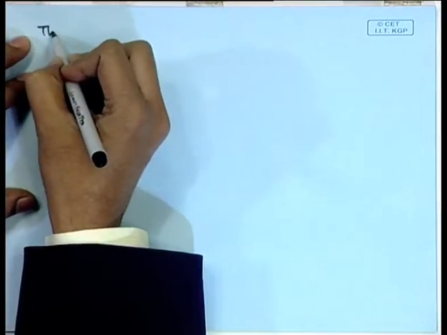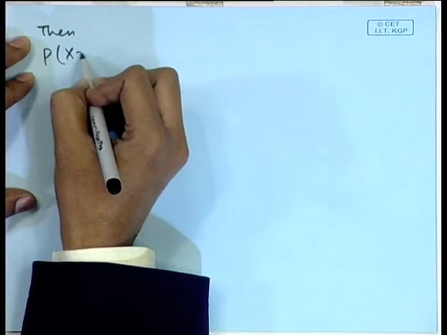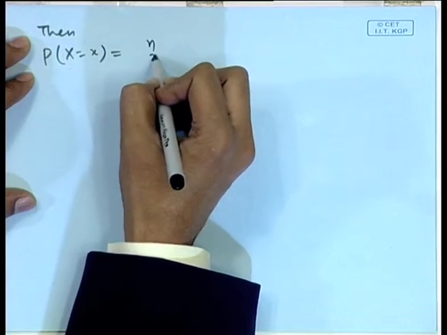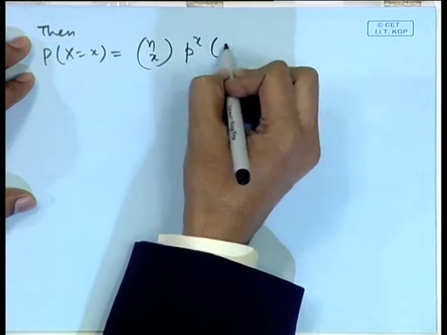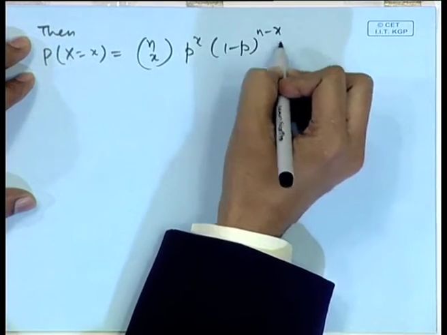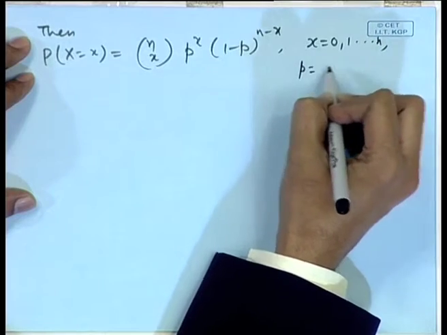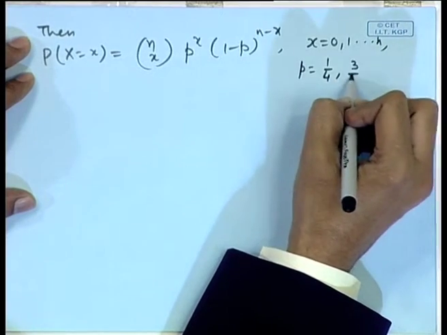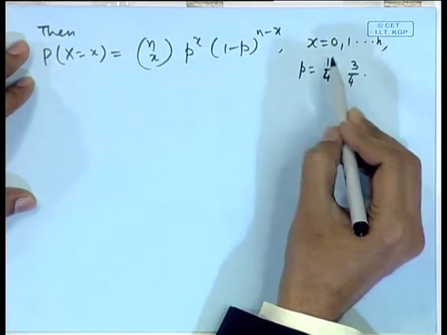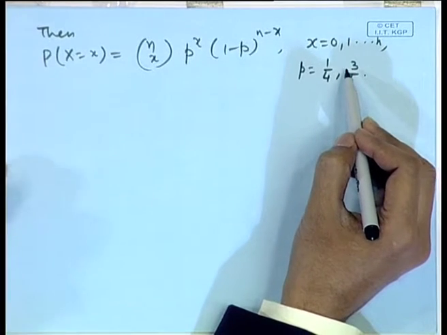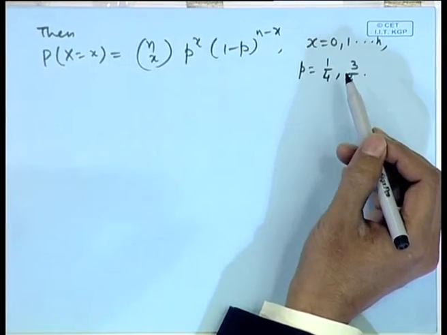Then you can write the distribution of x. Probability that X is equal to x is nCx p to the power x (1 minus p) to the power n minus x, where x can take values 0, 1 to n and p can take values 1 by 4, 3 by 4. So the parameter space is restricted to two values, 1 by 4 and 3 by 4, and if we want to estimate it, then we have to conclude whether p is equal to 1 by 4 or p is equal to 3 by 4.